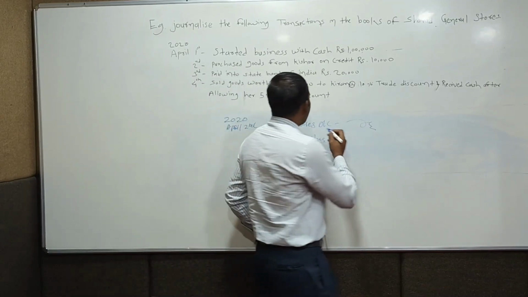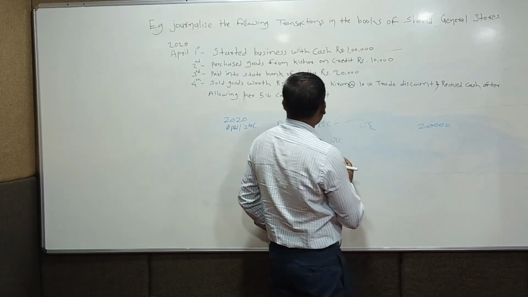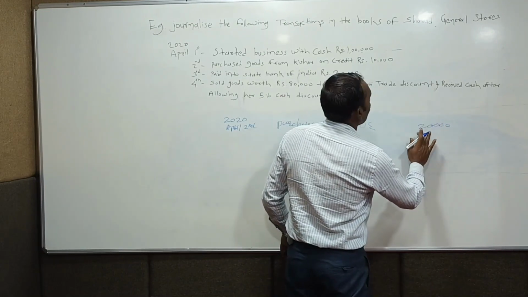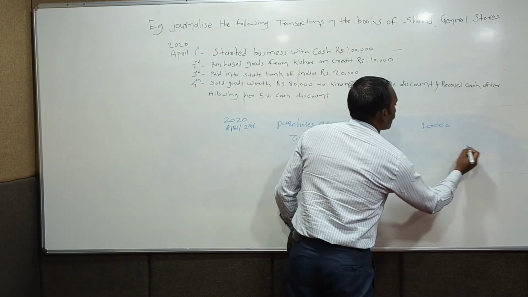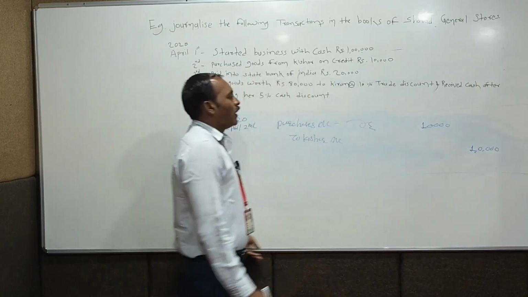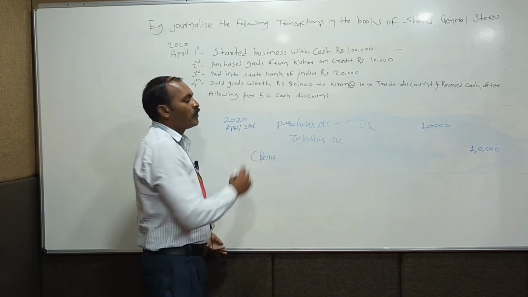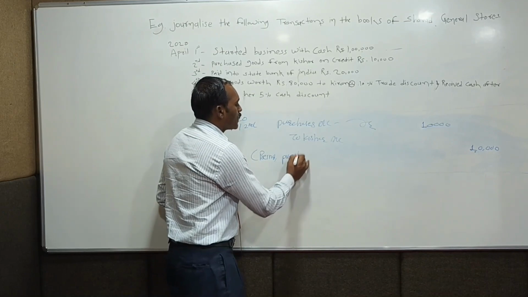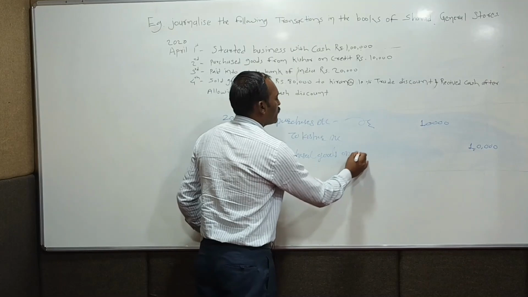The purchases account is a debit, so in the debit column rupees 10,000 in front of purchases, and the Kishore account is a credit, so in the credit column rupees 10,000. Then the narration of the transaction in brackets: being purchased goods on credit.